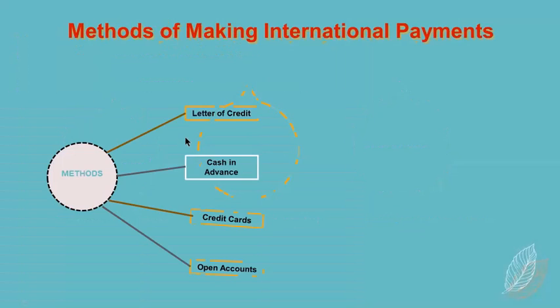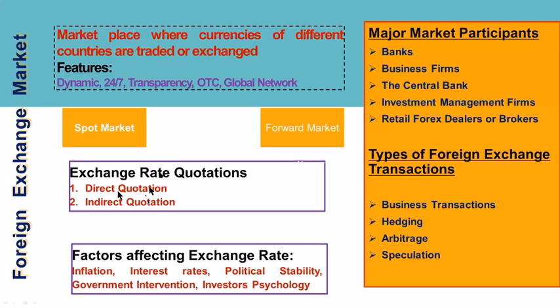The next topic is exchange rate quotations. Exchange rate quotation means how you quote the price of a currency in an exchange, the price of one currency as against another.